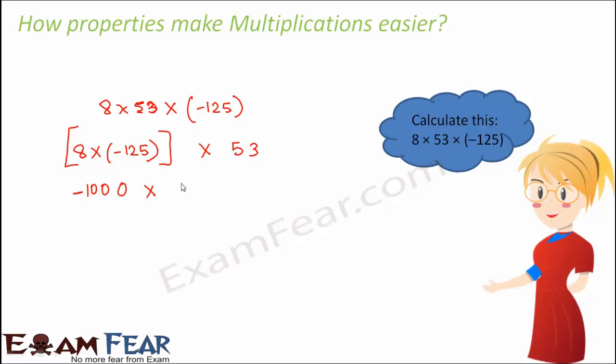This will have a minus sign. So minus 1000 into 53. Do you think that this is a huge calculation? No, this is very much simple. 53 multiplied by 1000 would be 53,000. So you really do not need to perform multiplications as such. So you see, you could find out the product in a very simple and easier way, and this saved your time as well. So this is how these properties will make our multiplications easier.